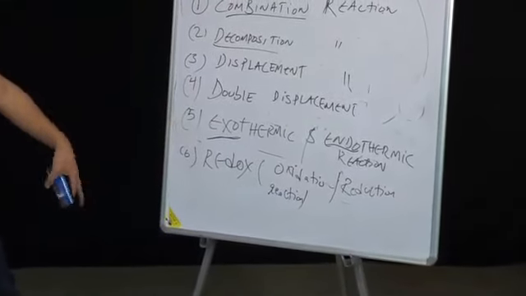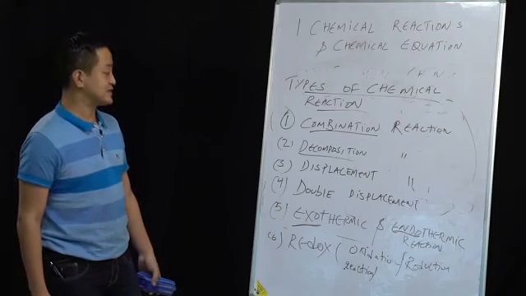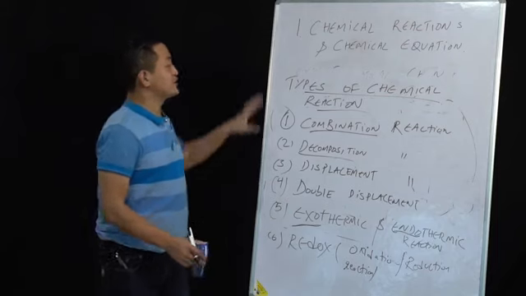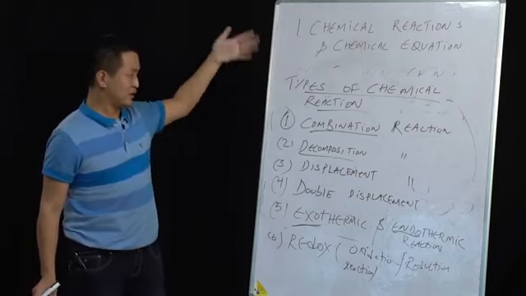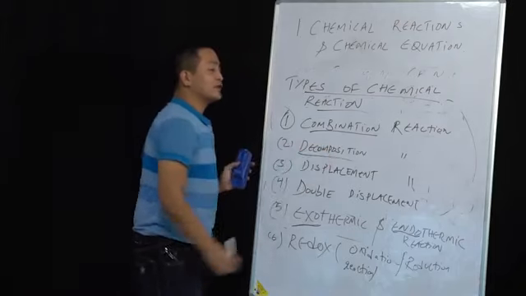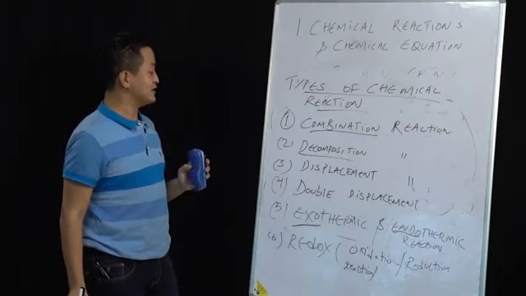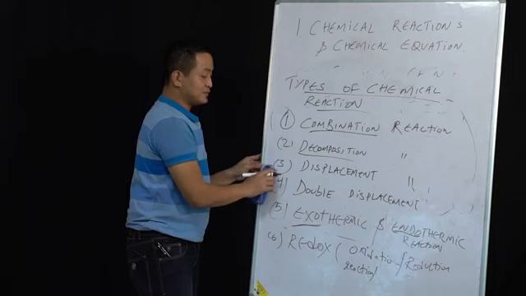So please note this one down. Please note all these types of reaction one by one. This will save a lot of time. And since we're going to study everything in detail in the next class, please note this down.